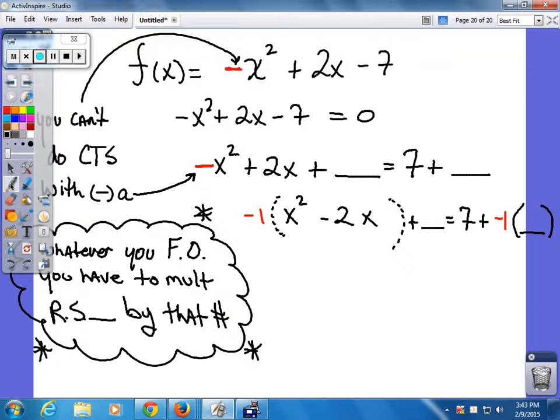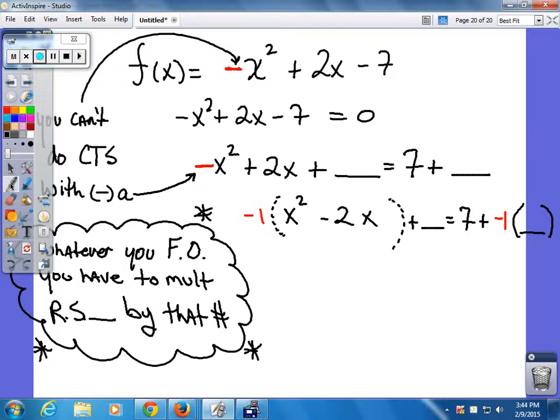And I'm going to say, go to your notes for that day, and it says right there: you can't complete the square with a negative out front. So you tried to do that. You've been forewarned, because that's what's going to happen.